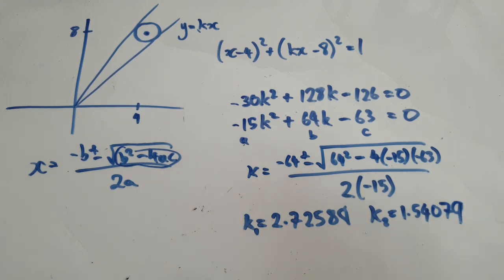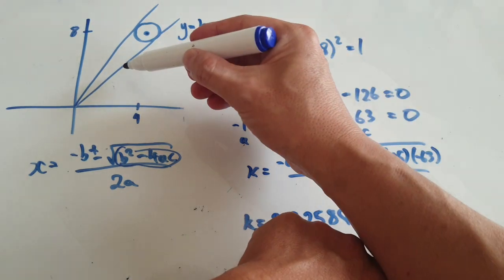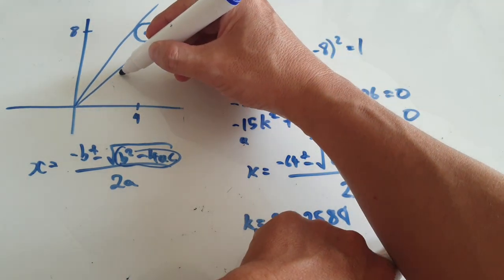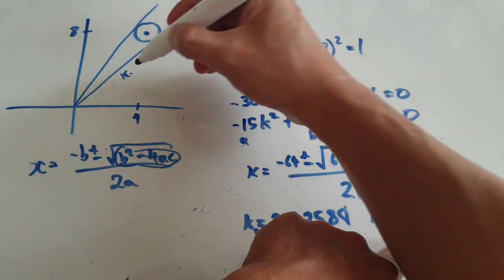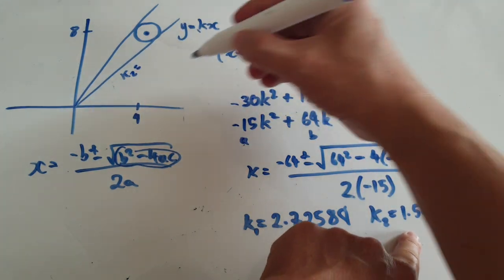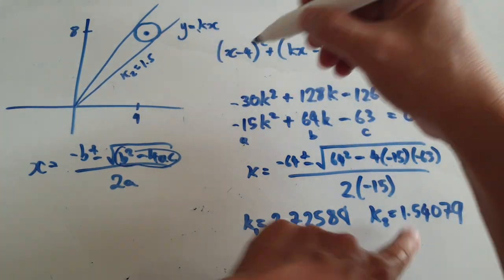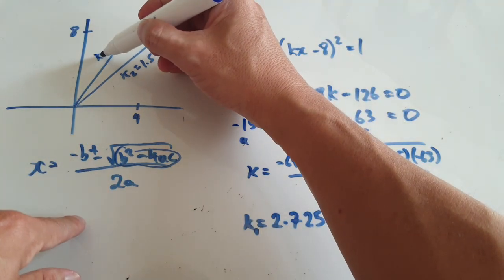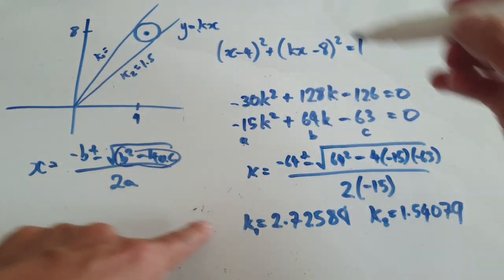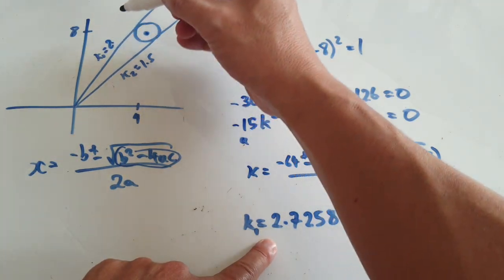So what that means is the lower one is this one here. So this is when K2 equals this thing here, the lower of the two, 1.5, and then this here is K1 equals 2.7.